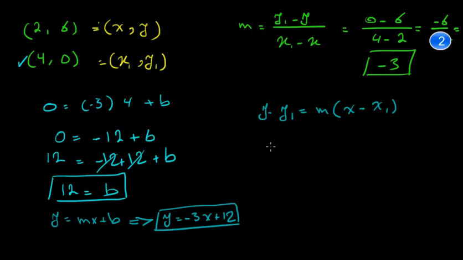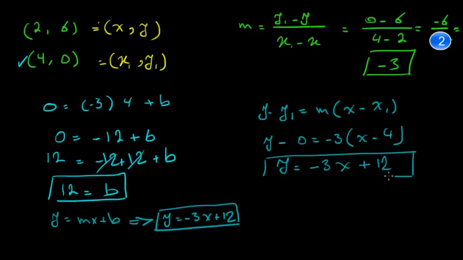We'll have y minus y1, which is 0, equals m, which is minus 3, times x minus x1, which is 4. Y minus 0 is y, equals minus 3 times x, which is minus 3x, minus 3 times minus 4, which is plus 12. So we came to the same answer through a different formula. And now we are done.